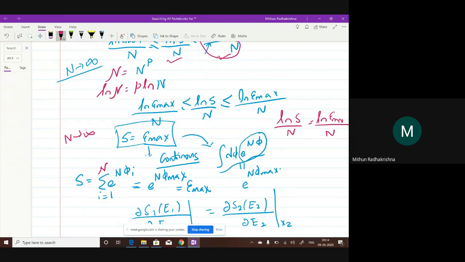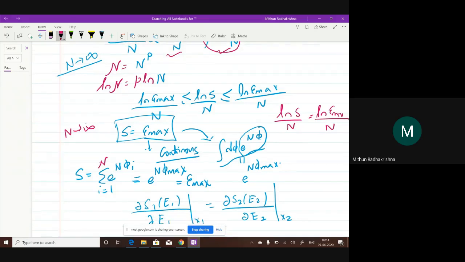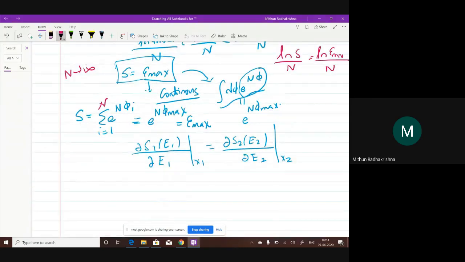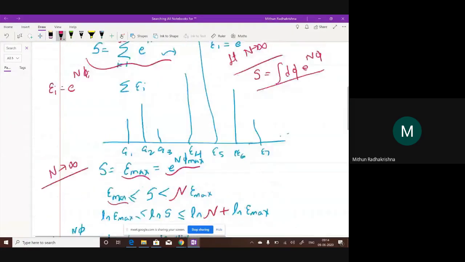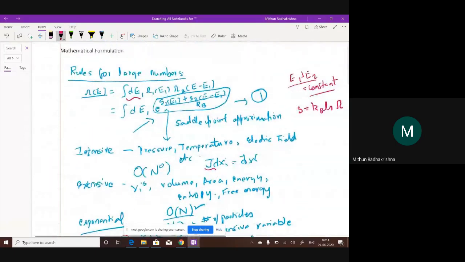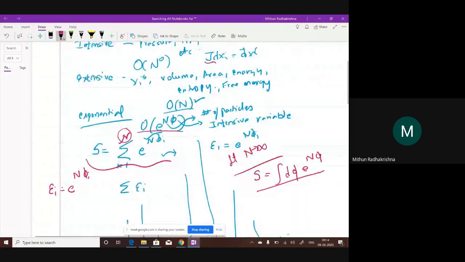So that just means S is equal to epsilon max. Again, if S is the sum from i equals 1 to n of e to the power n phi i, this is nothing but e to the power n phi max. And this is how we arrived yesterday at this equation.